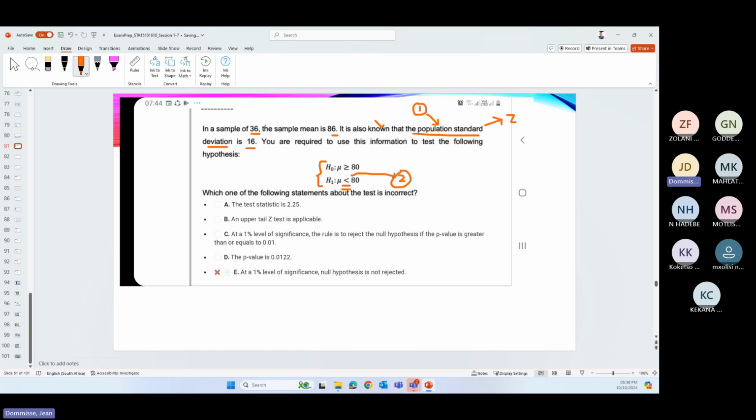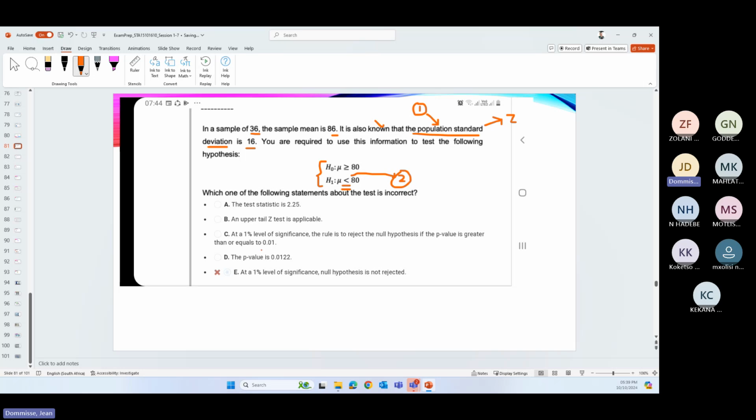Then I'm looking at this and I'm seeing, okay, they don't say I'm testing it at 95, 99, or 90, or then the inverse, at a 1, 5, or 10% level of significance. So that will most likely be in your question set.